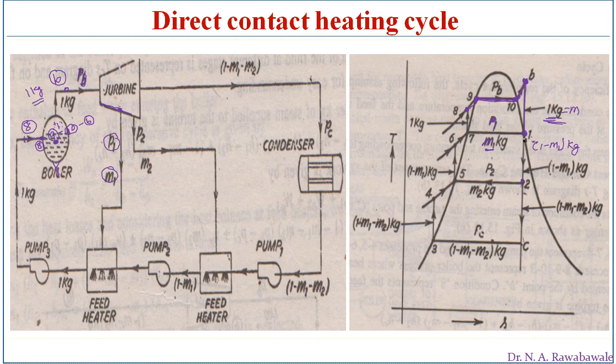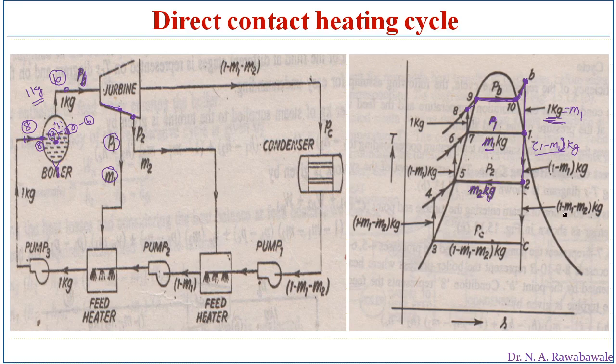So the work from point 1 to 2 is not done by 1 kg of steam, it is done by steam of mass 1 minus m1 kg. After that, at point 2, when the pressure of steam becomes equal to P2, again m2 kg of steam is taken out at pressure P2, and the rest of the steam, that is 1 minus m1, was coming.